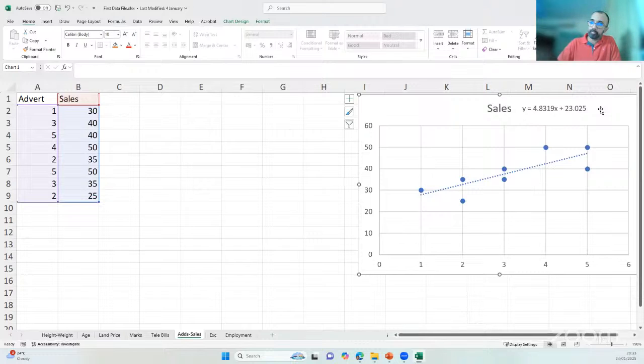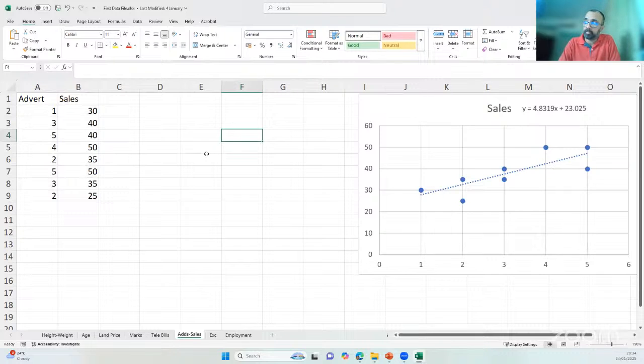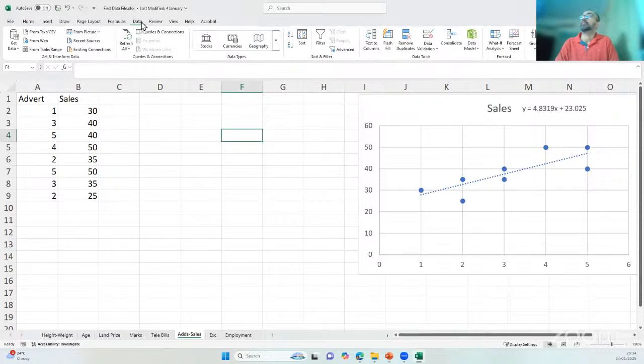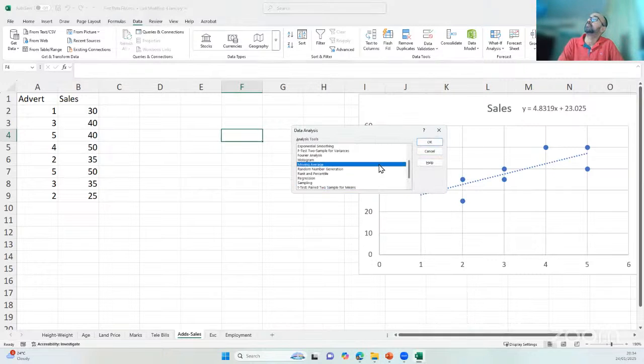Now, of course, here also it does the calculation in the background to come up with the equation, but I will show you how to do that in the normal statistical analysis way using our analysis toolpack. So we go to Data and then Data Analysis, which is the option. We open that and select regression analysis. So regression analysis is the method that is used to find this equation.